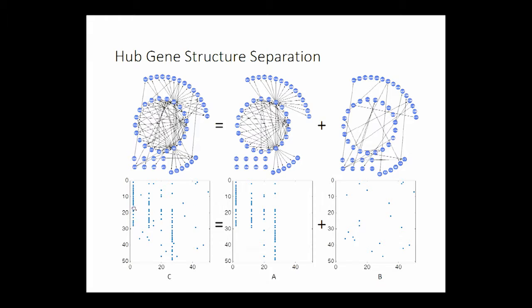If you see a dot here, that's an edge. If you see white space, that means there are no edges. If we do a simple linear decomposition, we just plot the outgoing edges associated with the hub nodes. You will see a very clear column structure here, and what's left looks like this.